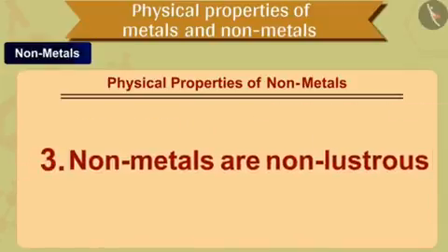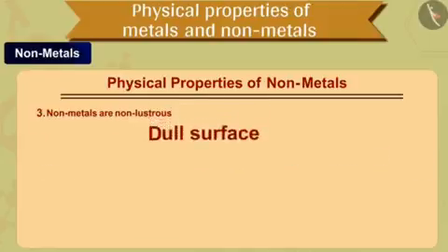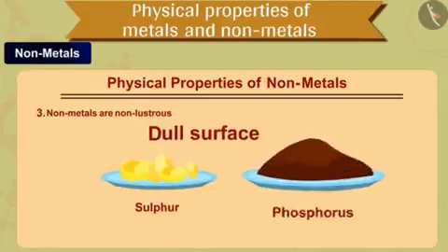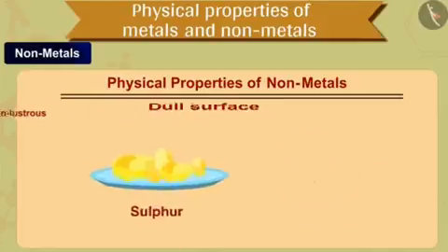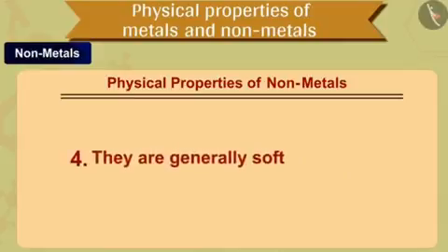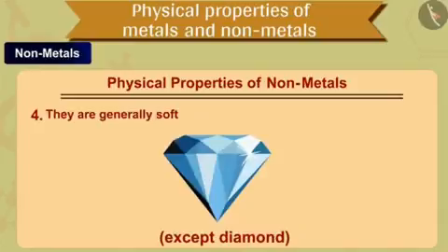The next, third property of non-metals is that non-metals are non-lustrous. It means that they have a dull surface. For example, sulfur and phosphorus. The next, fourth property of non-metals is that they are generally soft, except diamond.